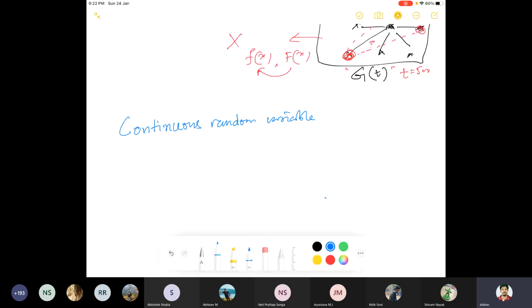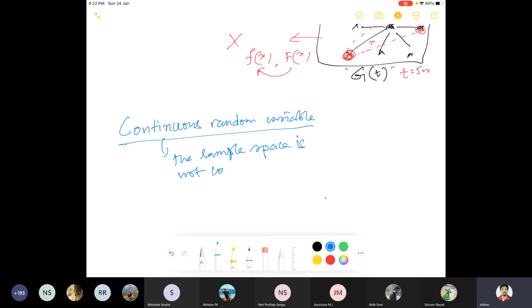So as I discussed, I think in the second lecture, continuous means the sample space is not countable. So whenever we discuss a continuous random variable, that means the sample space is not countable. Not countable includes that it is not countably infinite.